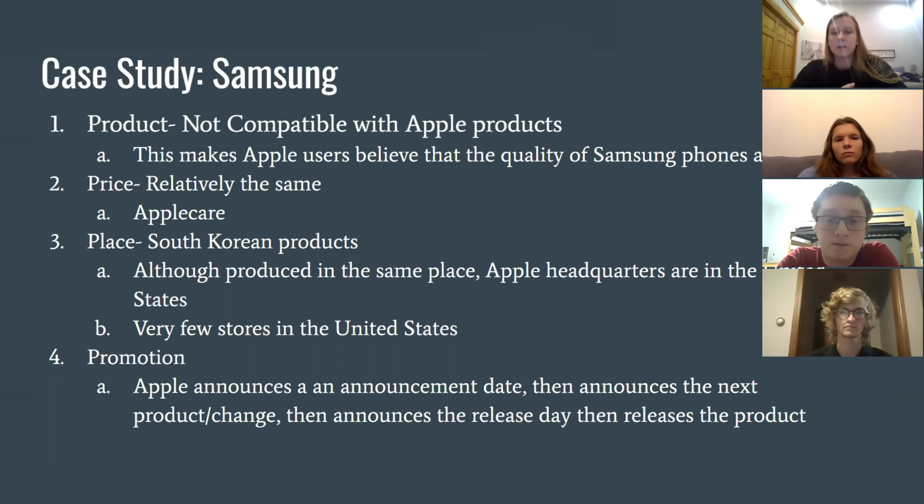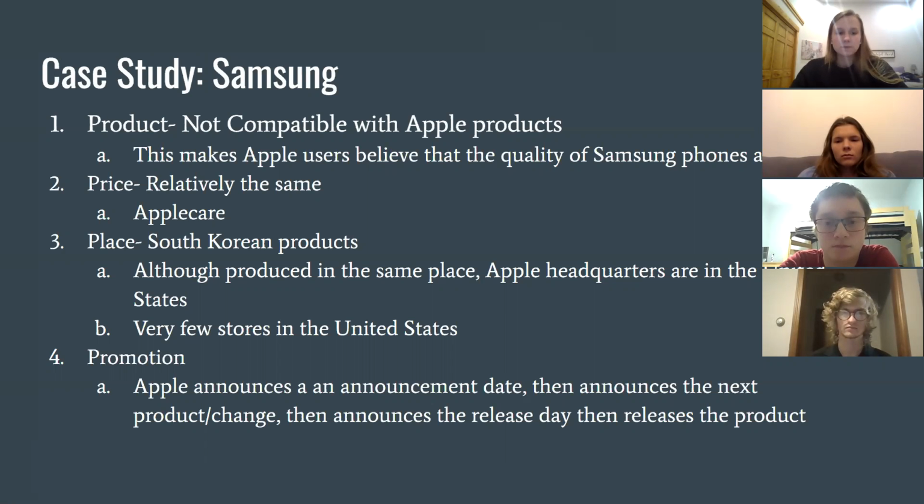Place, Samsung is a South Korean company, so their headquarters are not in the United States, and given some very patriotic people, they believe it's better to support Apple because the headquarters are in the United States, although they're produced in the same place. There's also very few Samsung stores in the United States. You can go to a phone provider, but when it comes to an actual store, they're very limited.